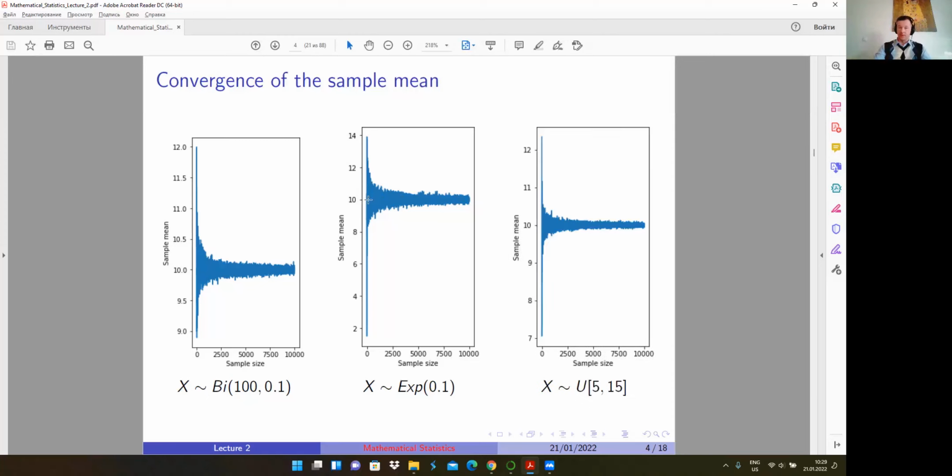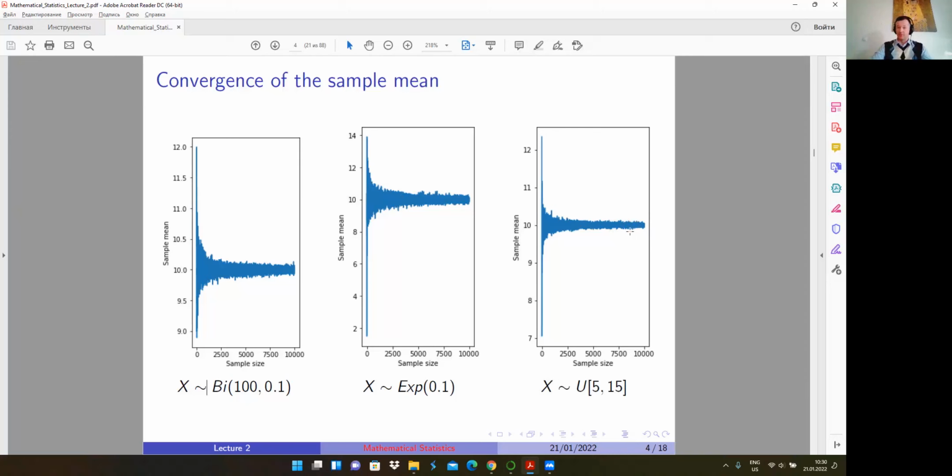So what happens in the third case, in the uniform distribution? The same thing happens. When I increase the sample size, the averages of my random draws become tightly concentrated around the true population mean.